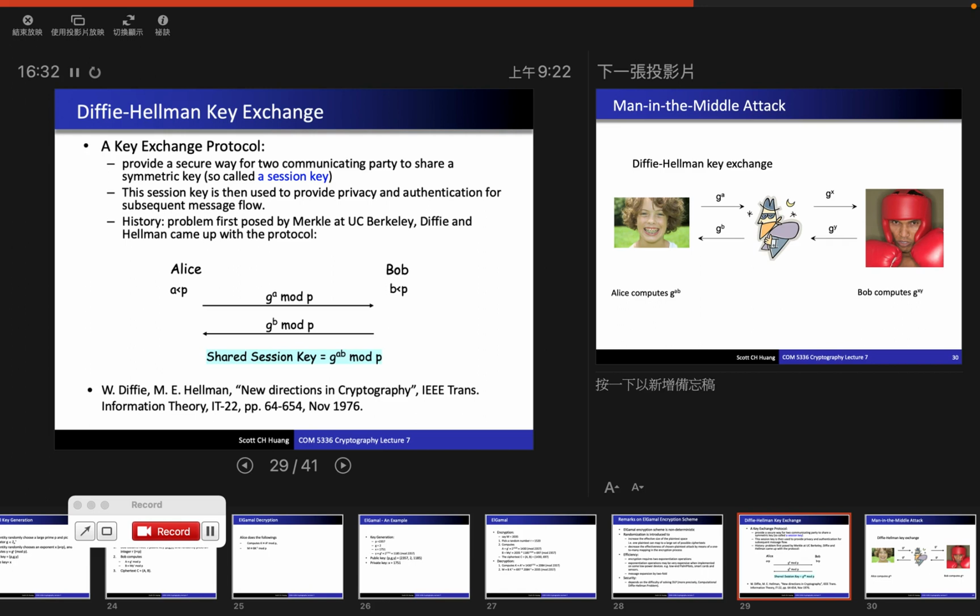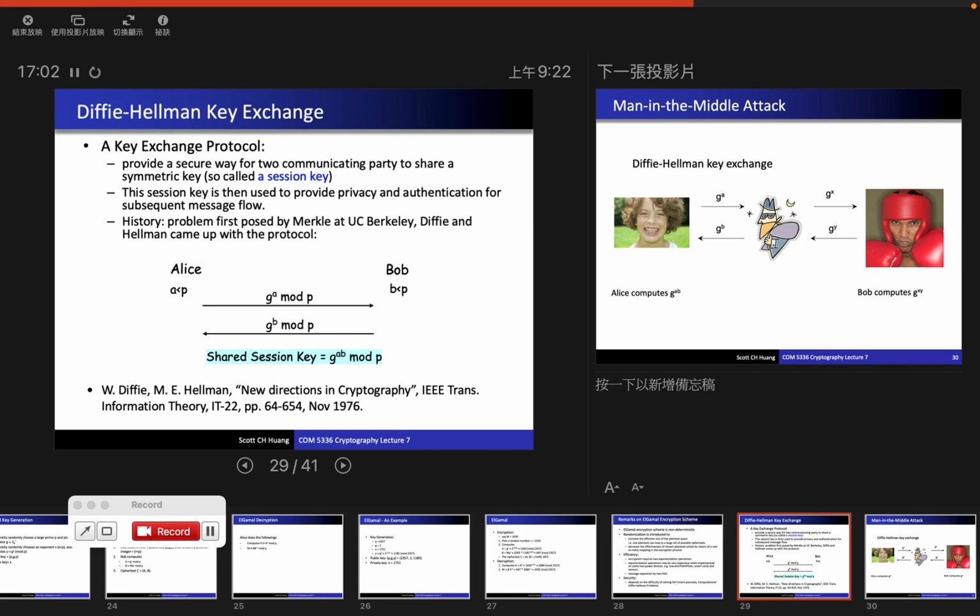You can send it by email. So Alice gets Bob's public key, and then Alice chooses a session key, and that session key can be encrypted using Bob's public key. Alice simply sends the encrypted message to Bob.